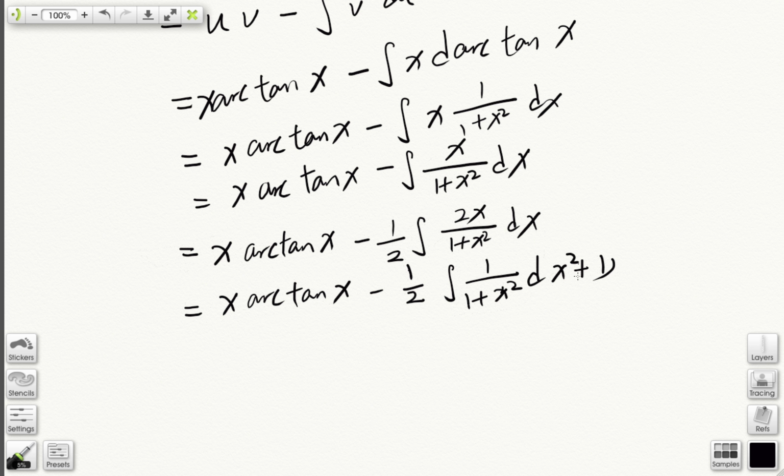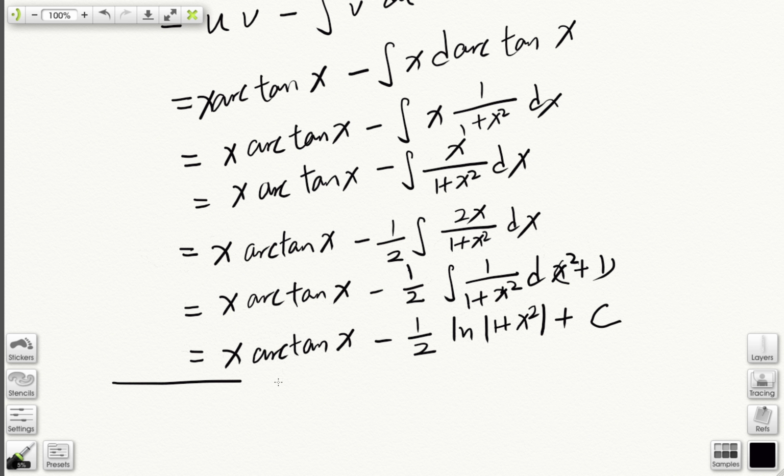We can also add a +1 here. It doesn't really matter since it is a constant and the derivative of a constant is just 0. So we have x arctangent of x minus 1/2 ln of 1 plus x squared plus a constant c, which is the answer.